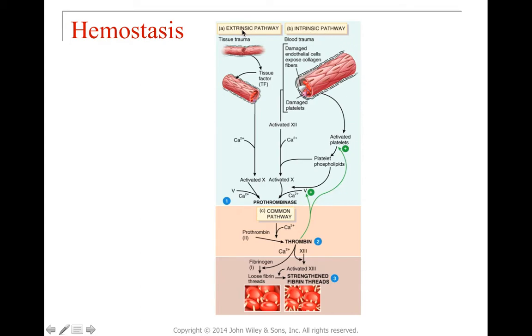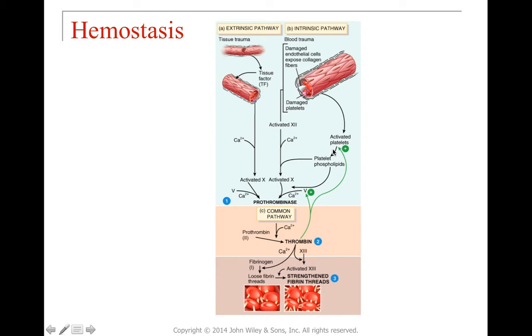Now remember, the extrinsic and the intrinsic pathways are going to lead to the same result, right? To this prothrombinase, which is going to enter into the common pathway. But it's going to do it in a little bit of a different way. If we have trauma or damaged endothelial cells, we have exposed collagen fibers, which aren't normally exposed. Once those are exposed, the platelets are going to bind to that region. They're going to end up injured, or activated.